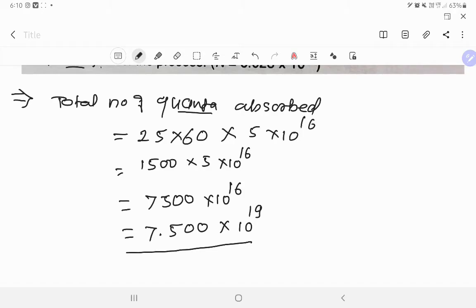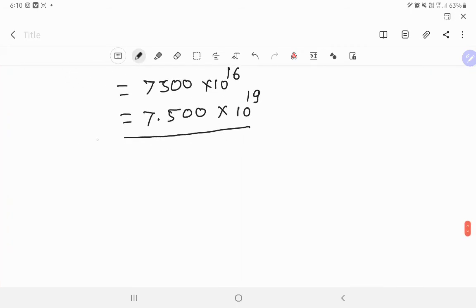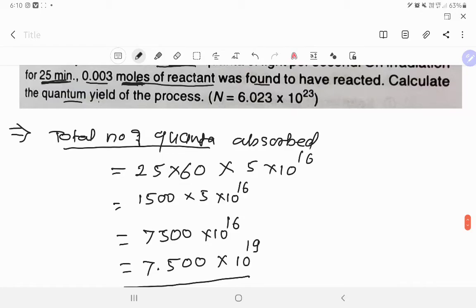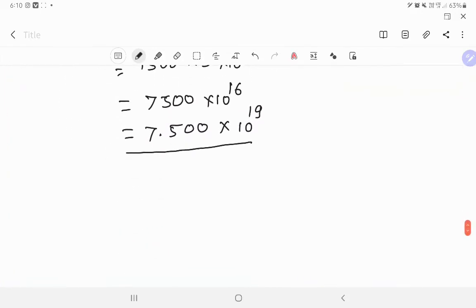Yes, we get the total number of quanta absorbed in a given time, and what is given here is moles reacted. We have to determine molecules reacted.